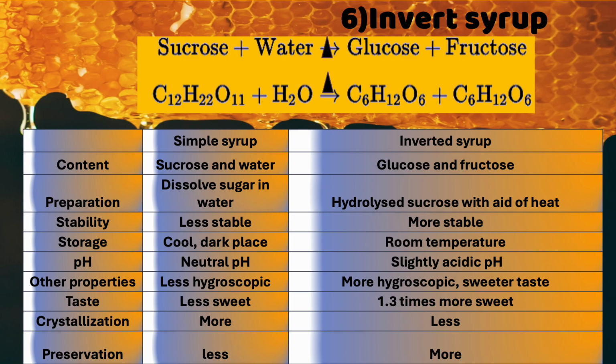You can store it at room temperature, whereas simple syrup requires a cool and dry place. The pH of invert syrup is slightly on the acidic side, and it is more hygroscopic and 1.3 times sweeter than the simple syrup. The crystallization tendency is higher for the simple syrup, which is why it is less stable compared to the invert.